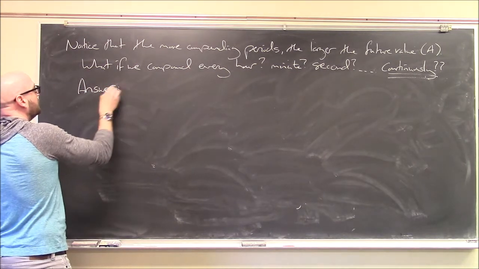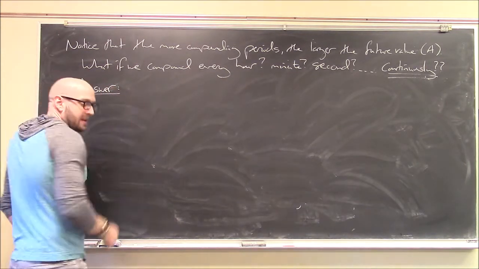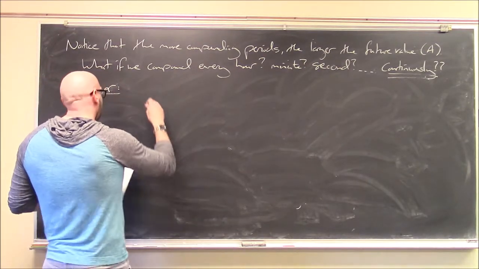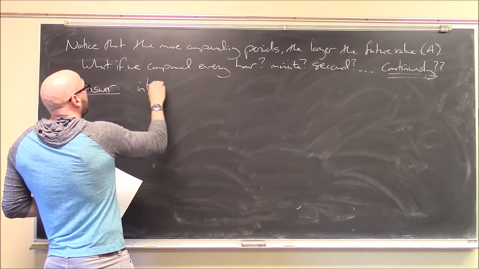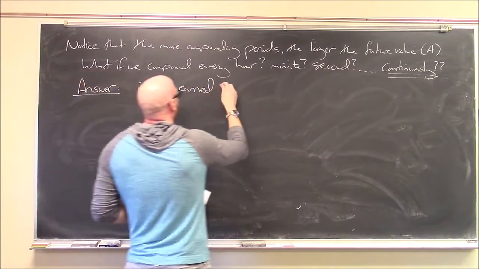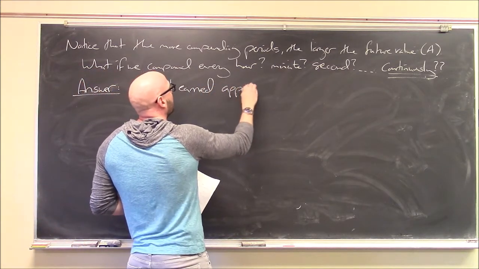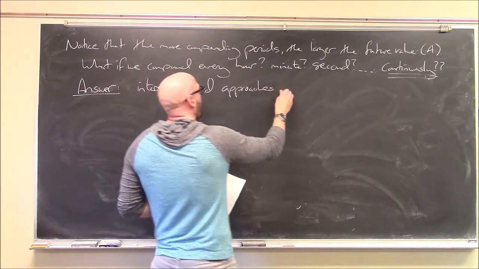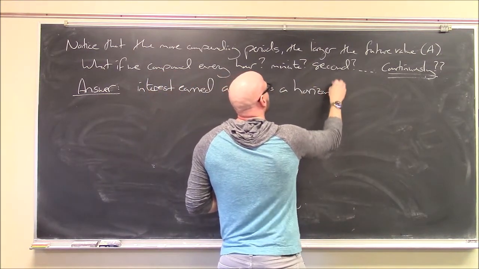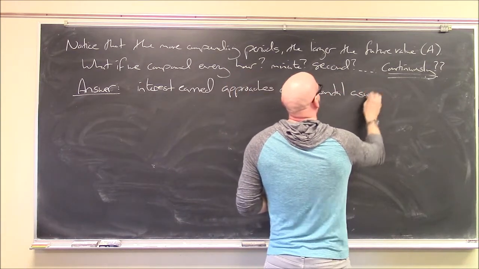A doesn't blow up to infinity, but it approaches some sort of horizontal asymptote. So interest earned or compounded approaches a horizontal asymptote.